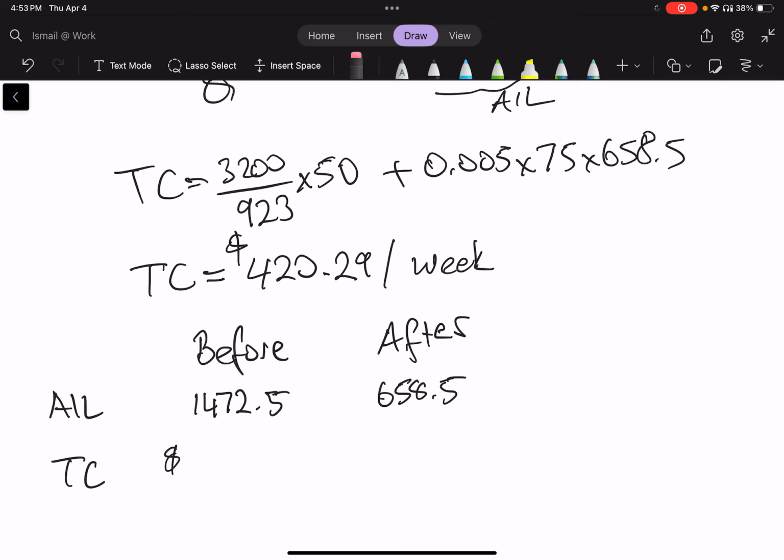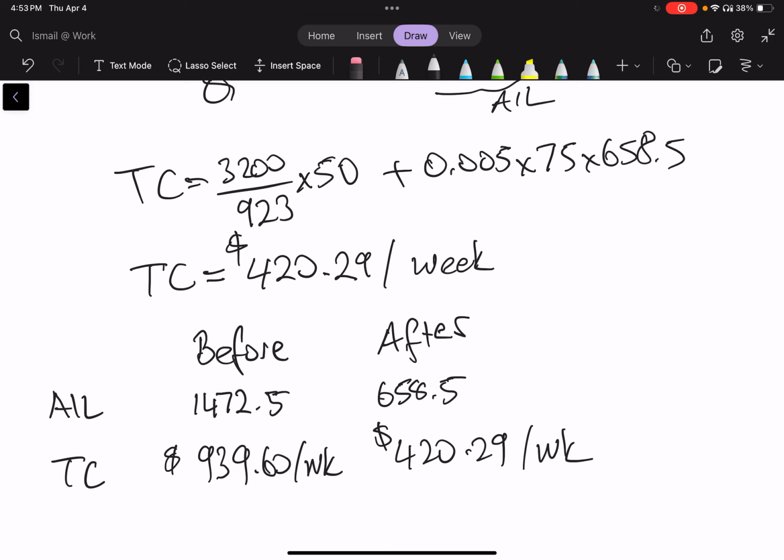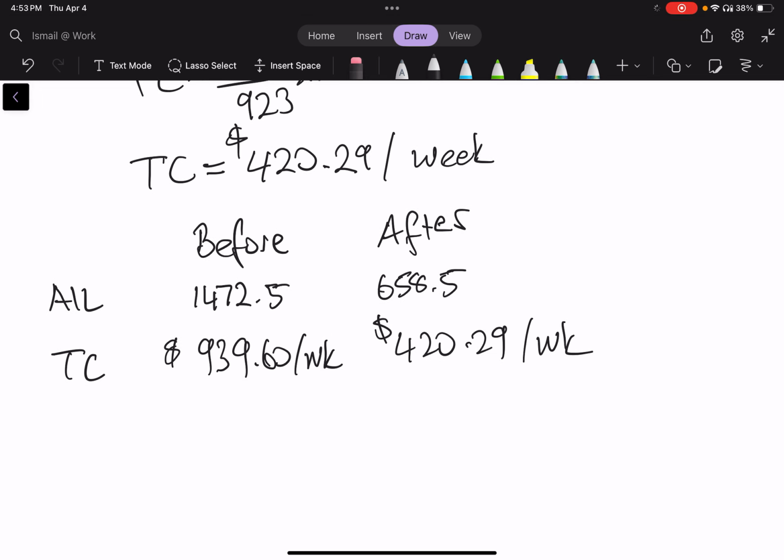Right? Before the consolidation, the total cost was 939.60 per week. After the consolidation, it reduced to 429 per week. Right. So how would I quantify the difference? I could say it reduced almost about 800 units in terms of AIL.